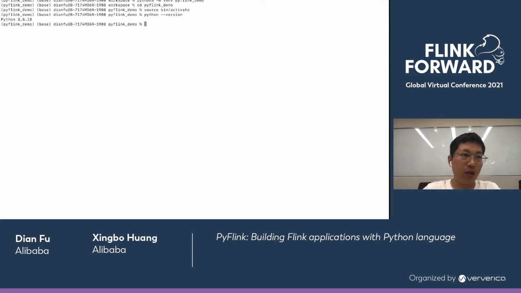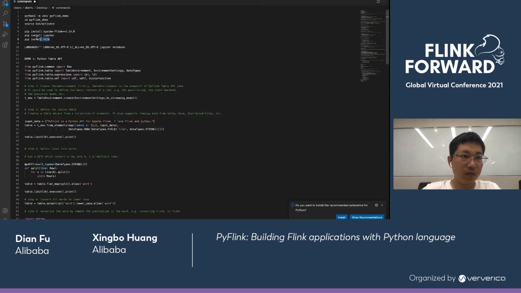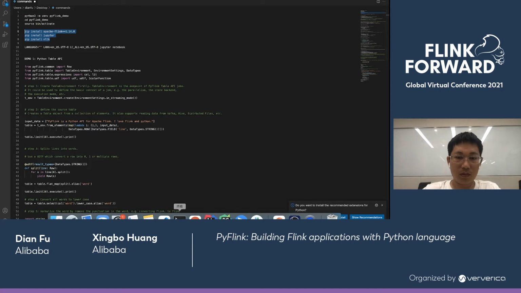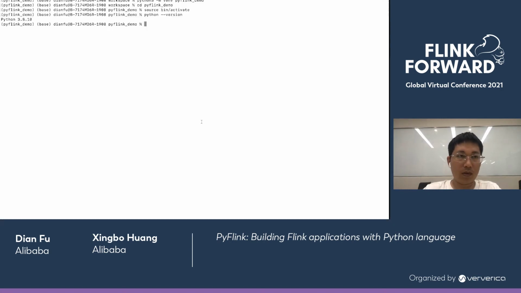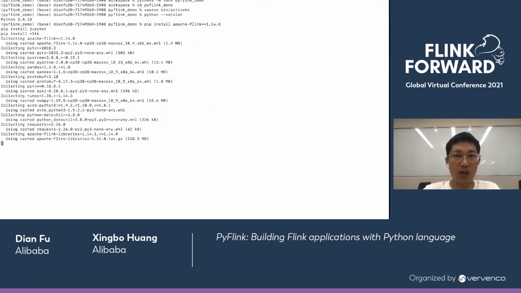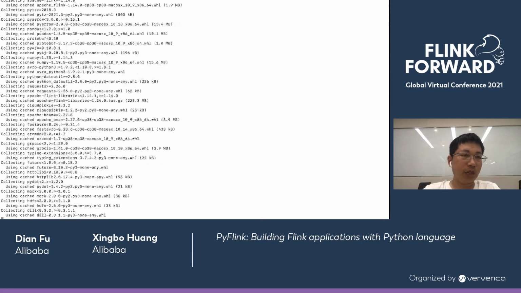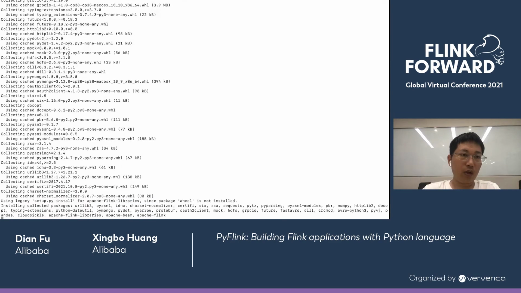Here we use Python 3.8. Then let's install a few Python libraries. Here we install Apache Flink, Jupyter, and NLTK. NLTK is used during the demo.